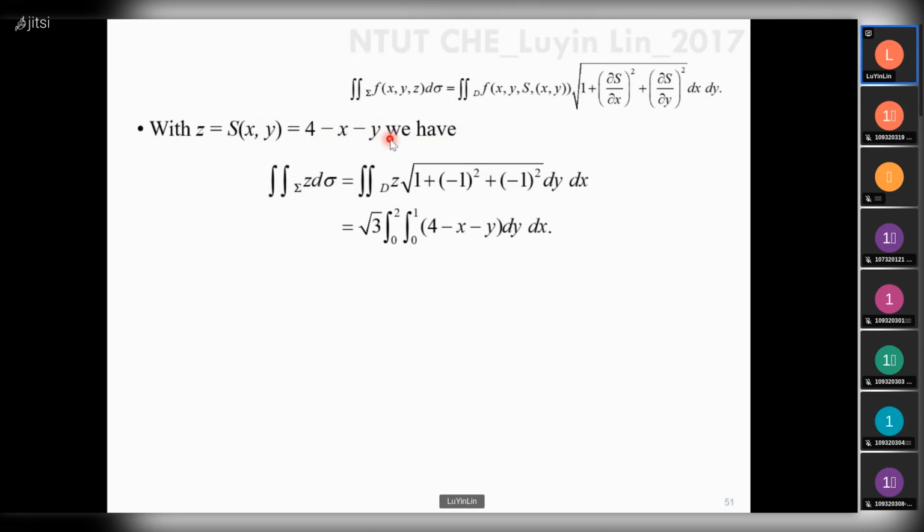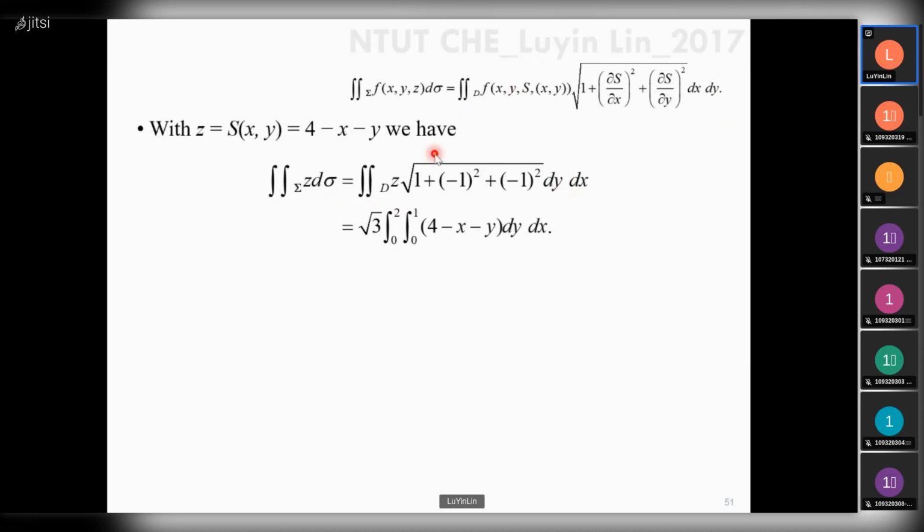Then we try to convert d sigma into dx dy. dx dy is the same as dy dx.